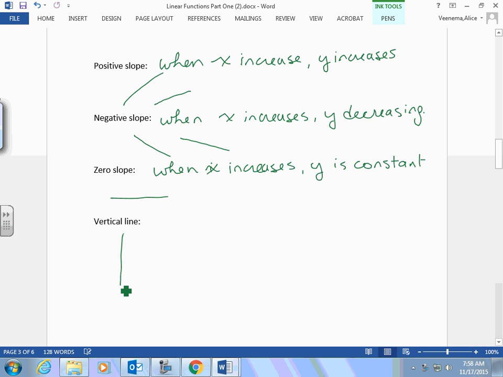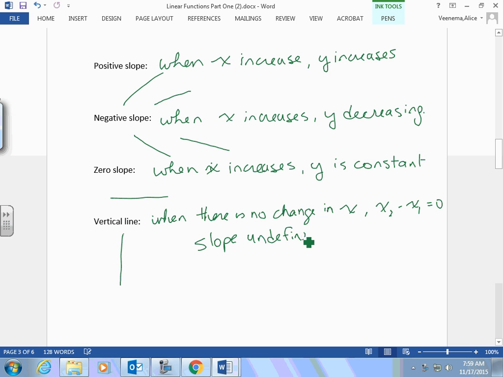So vertical lines that go straight up, if you think about it, there's no change in x. Okay, so when there's no change in x, because no matter where you go on the line, the x coordinate is exactly the same, or you could think x2 minus x1 is equal to 0, the slope will be undefined because that's the denominator. Okay, so for any vertical line, the slope is undefined.